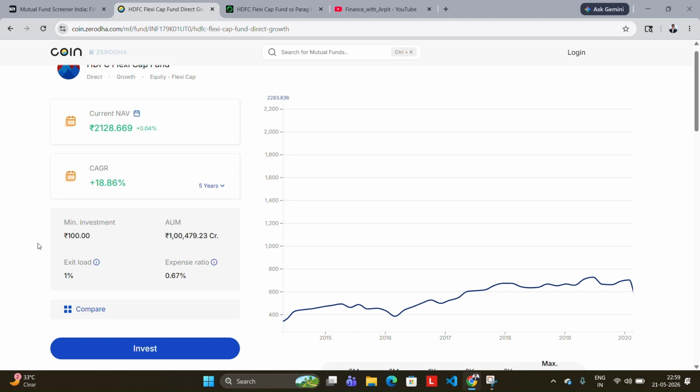But if we are going to continue our SIP or investment in mutual funds for 10, 15 years, which is what we should do, then it makes a huge difference, guys. If two funds perform almost equally and one has an expense ratio of 0.9 and the other 0.5, you should definitely go with the fund with the 0.5 expense ratio if the performance and everything else is similar.